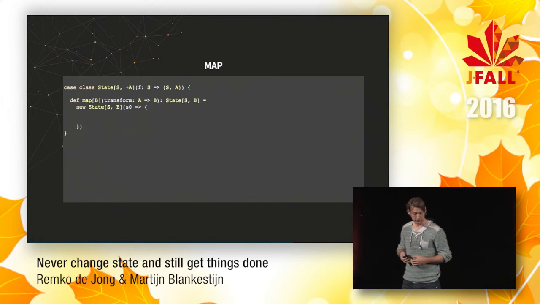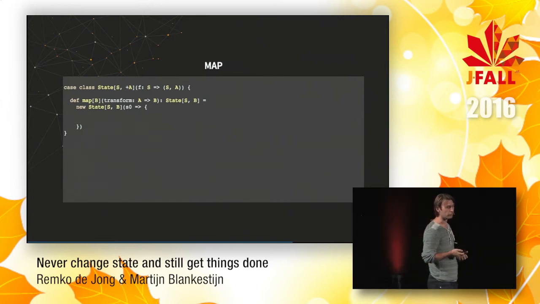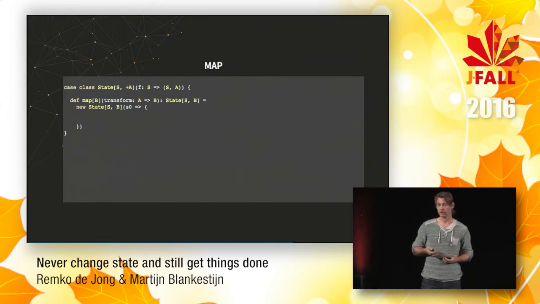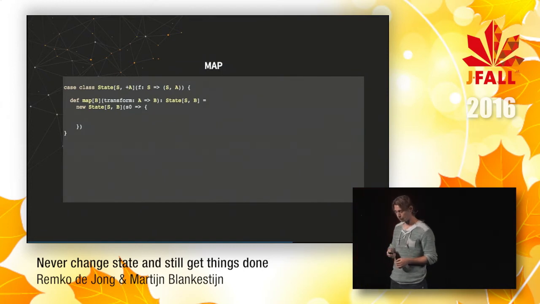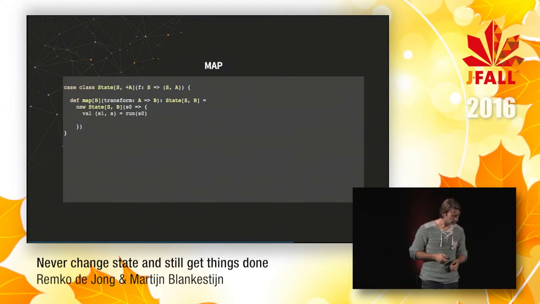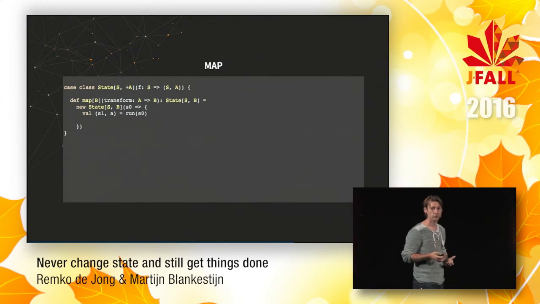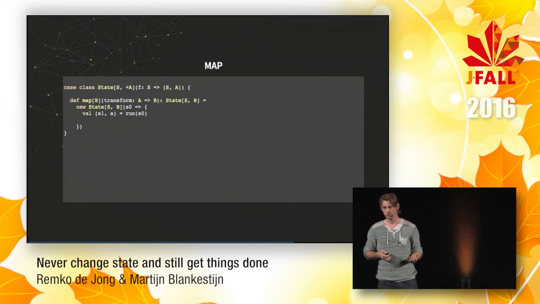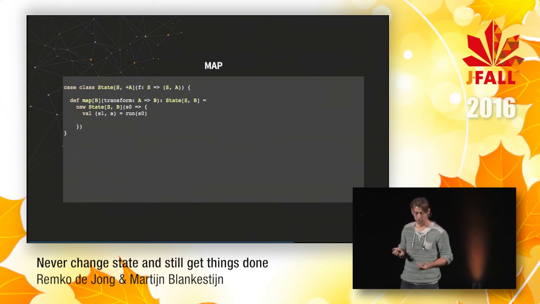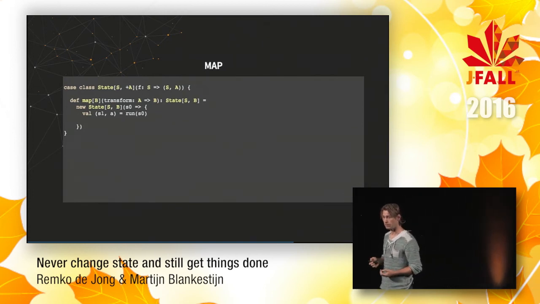Well, if you look carefully, we see that we're inside a state class, which means that we have access to function f, which actually takes an input state of type S, which is exactly what we've created with that S0. So we can use that. And we can call run with S0. And it will return us a tuple of a new state, let's call it S1, and a value of type A we chose to call A.